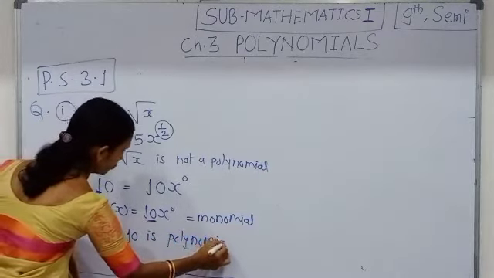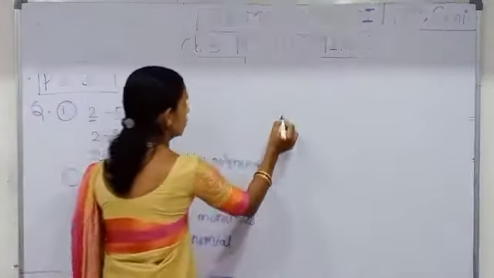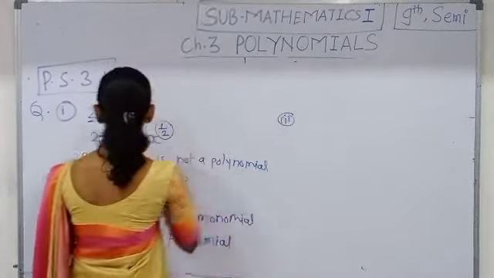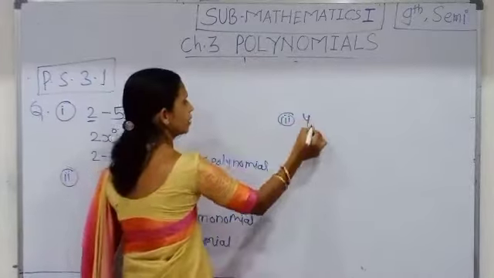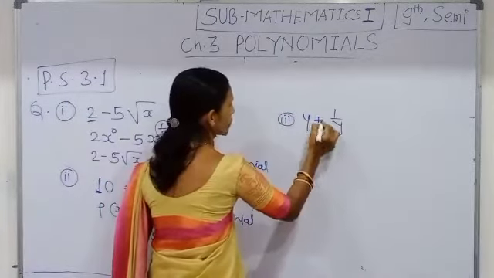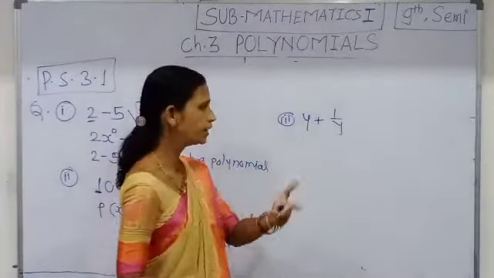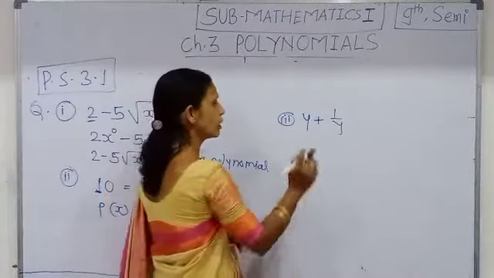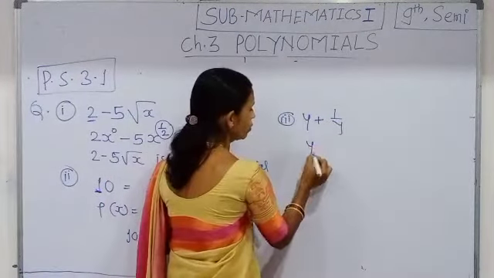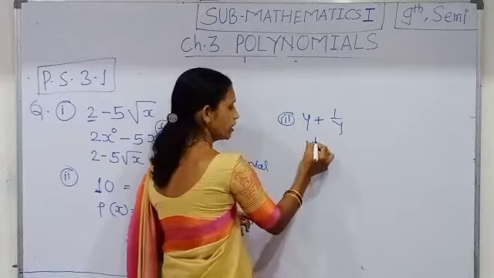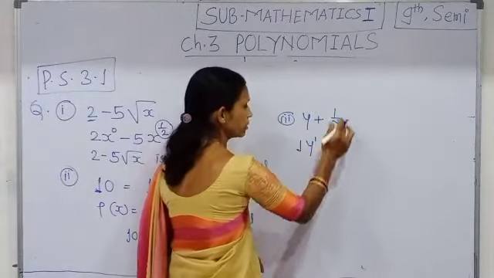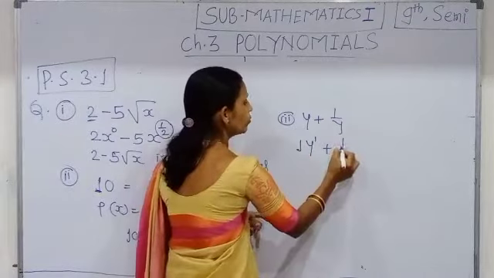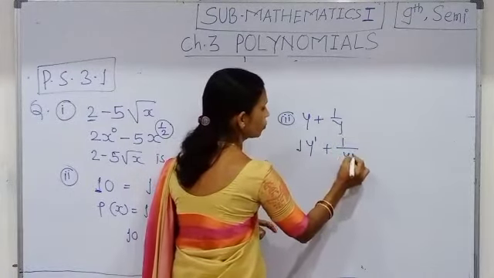Therefore, 10 is a polynomial. One more example is given here: y plus 1 upon y. All of you have studied the rules of indices. Here y raised to 1 is there, plus 1 upon y, that means 1 upon y raised to 1.